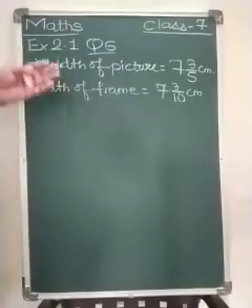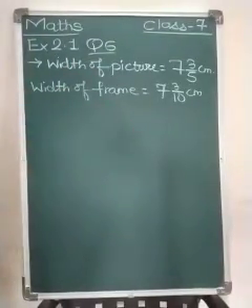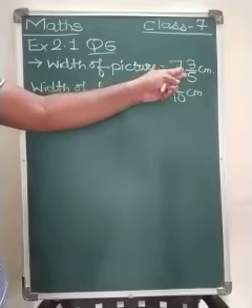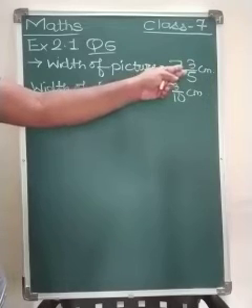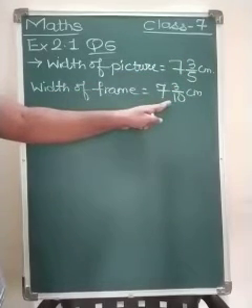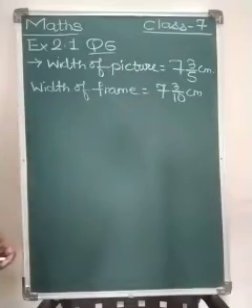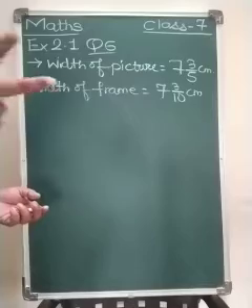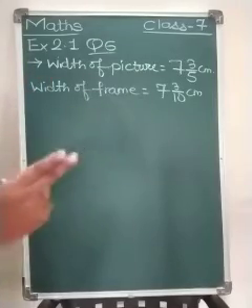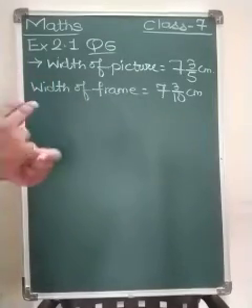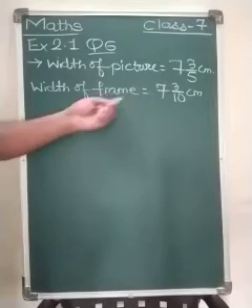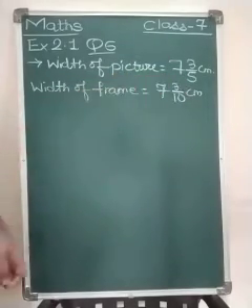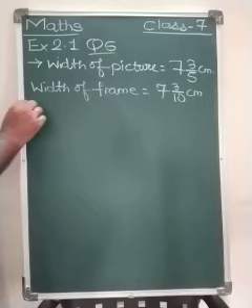Width of picture is given, width of frame is given, and this mixed number is greater, this one is smaller. So the picture should be trimmed. Trimmed means it should be cut down. Cut means subtraction. If you want to cut something, it means subtraction. So here we have to perform the subtraction operation.